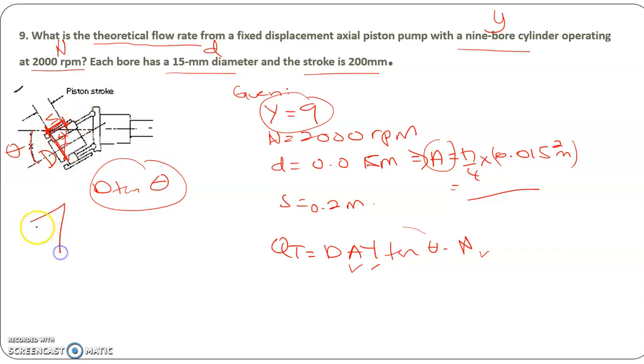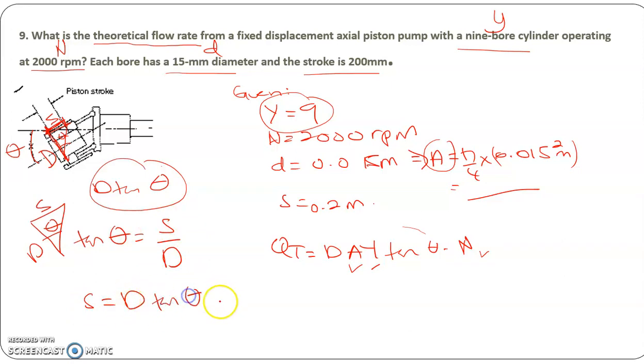So you bring it here and you will get S, D, and theta. That means tan theta equals S over D, so S equals D tan theta.